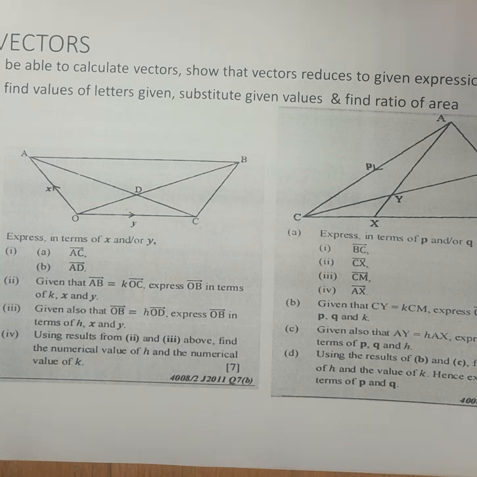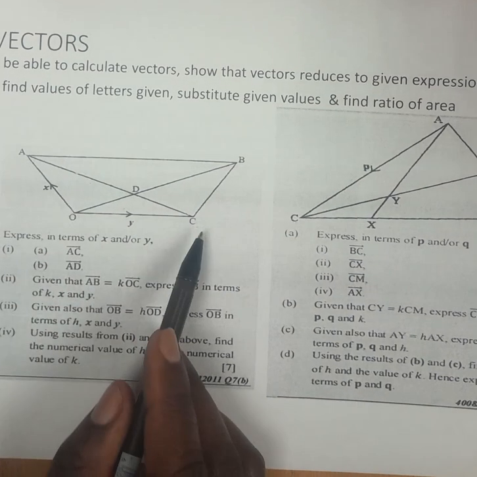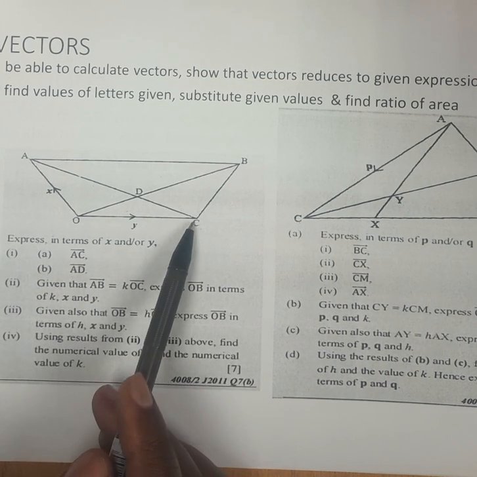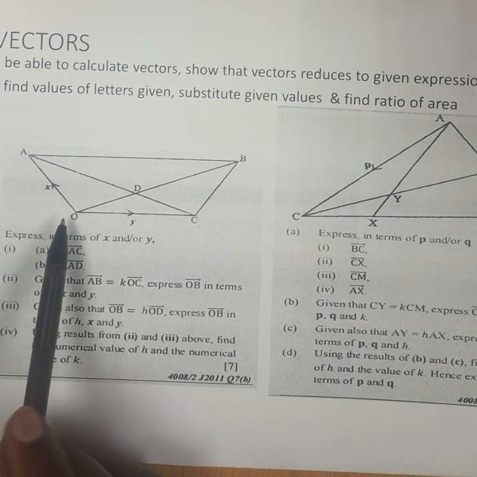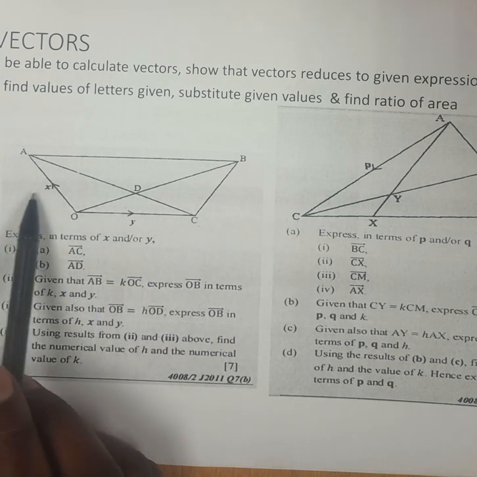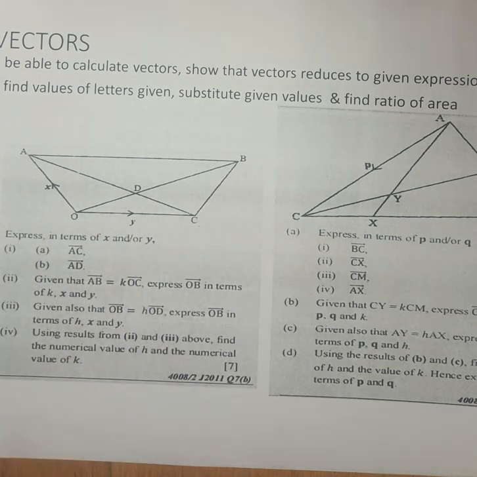So here, expressed in terms of x and/or y, AC. We want to move from A to C, so it is going to be AO plus OC. And for AO, we have changed the direction, so it is going to be −x + y. That is what is important when it comes to vectors.